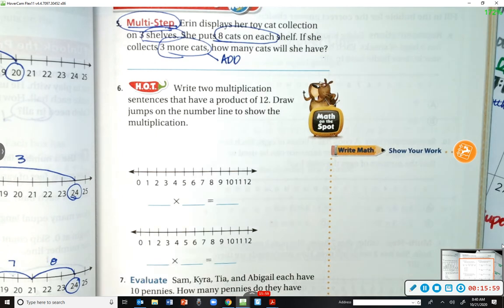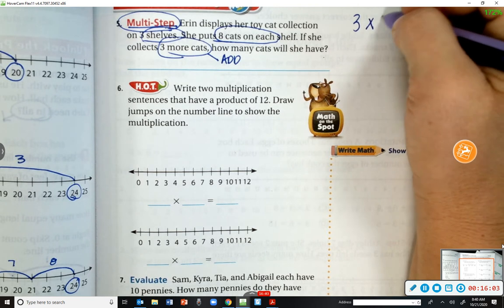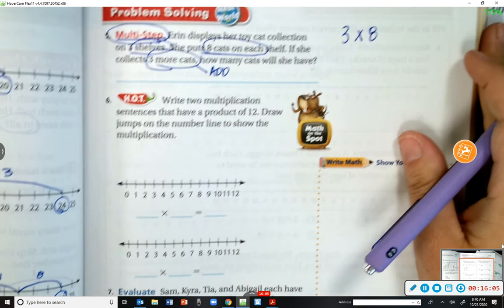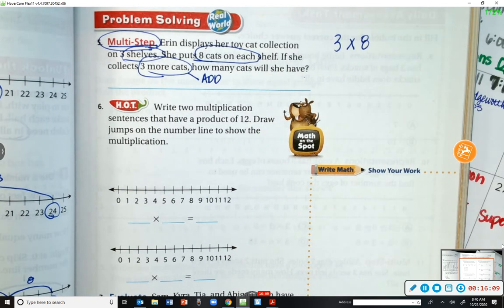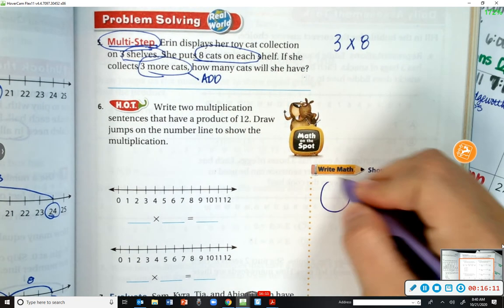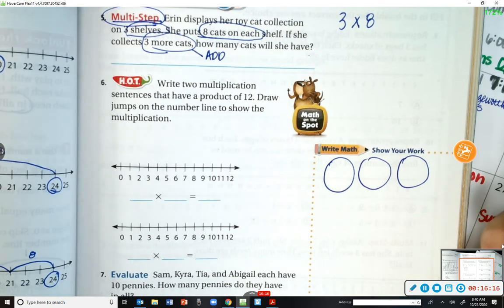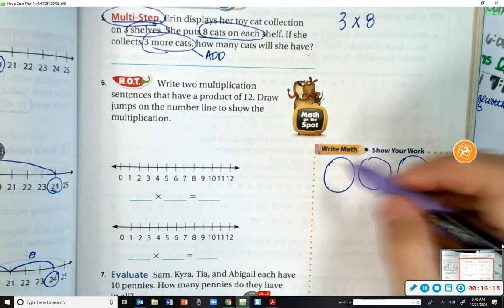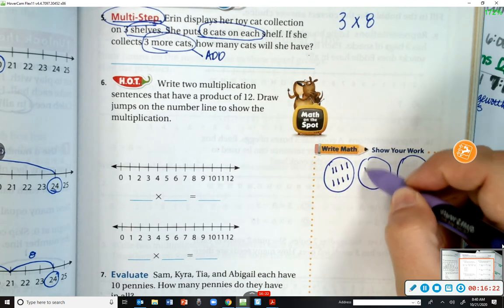I have 3 groups, 3 equal groups of 8, right? 3 shelves and 8 on each shelf. So 3 groups of 8. Okay, so that's 1, 2, 3, 4, 5, 6, 7, 8.